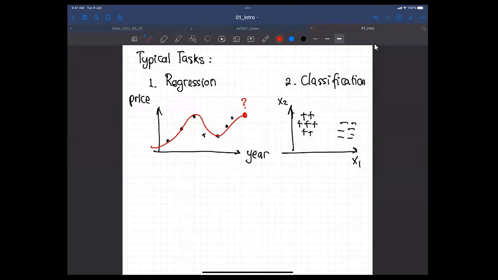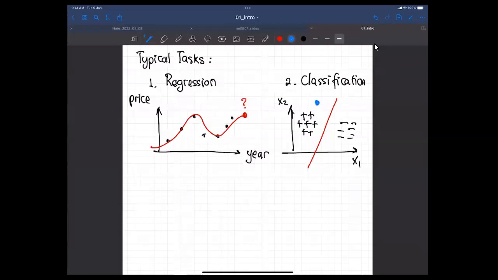The task of classification is simply to divide these two different classes. It means that you want to find a line, in this case it's linear classification, that divides positive from negative. Once you know this line, in the testing stage or the deployment stage, when you have new data that is not labeled, you do not know whether it is positive or negative.